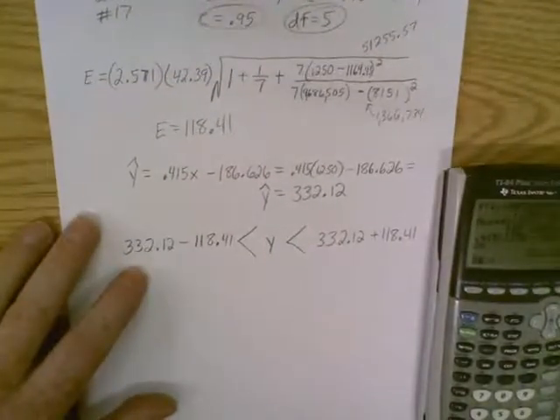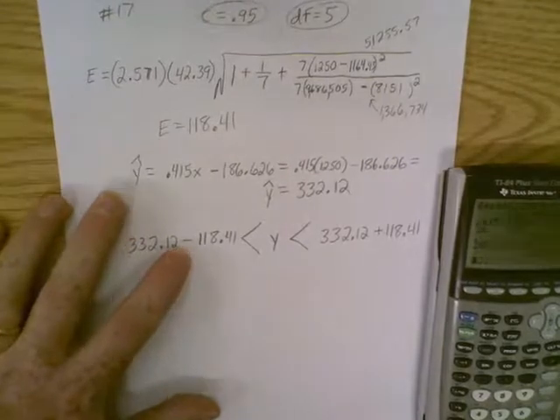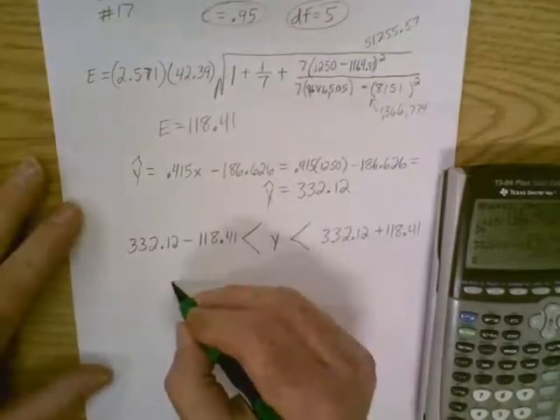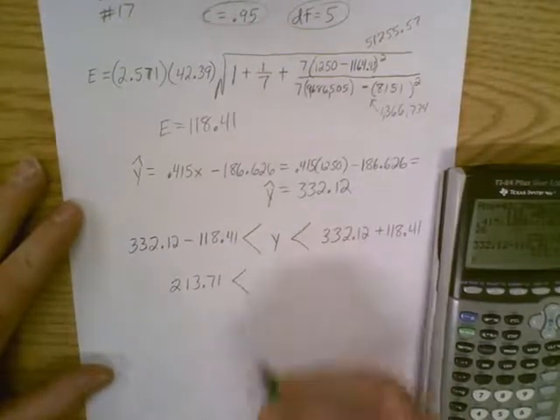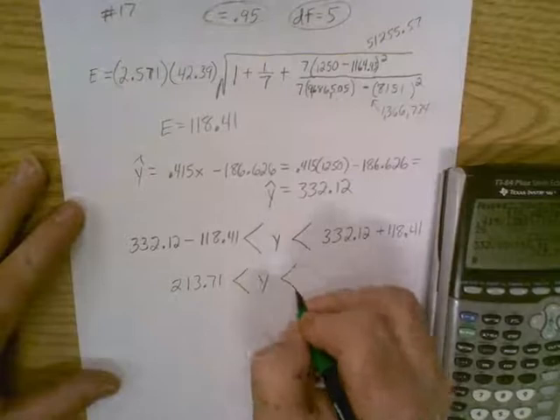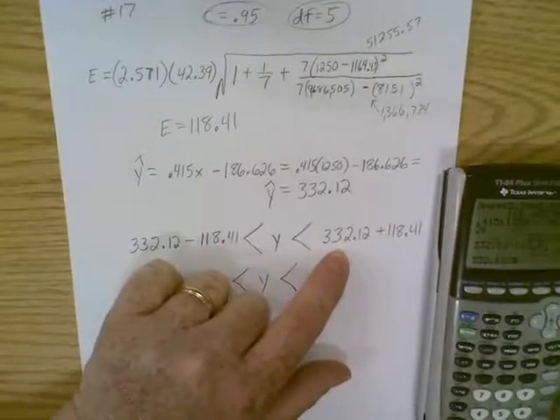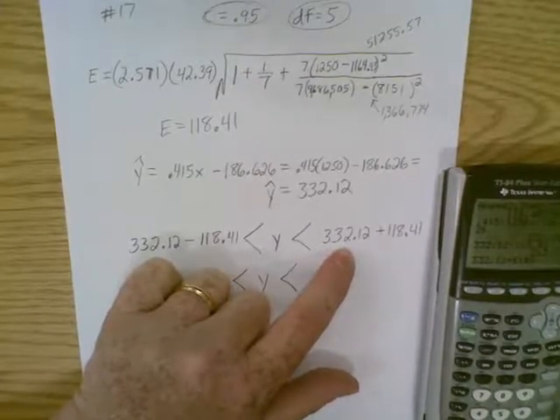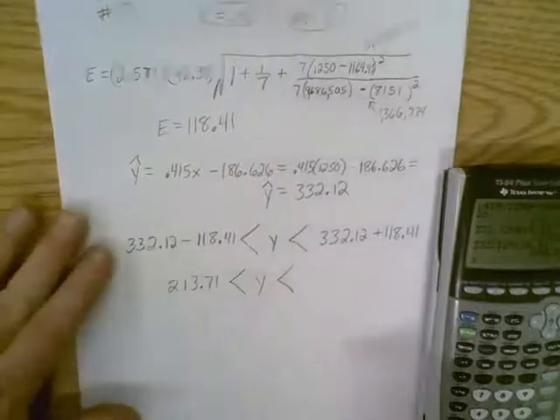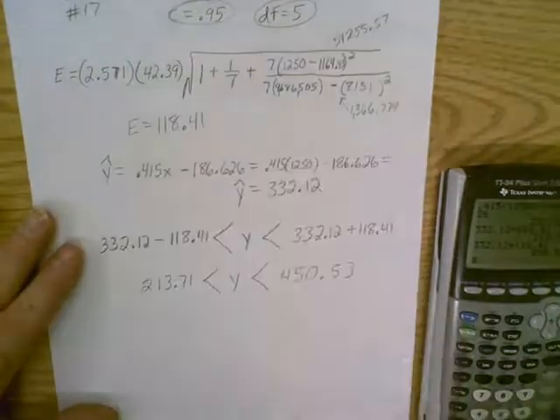So I got 332.12 minus 118.41 gives me 213.71 on the low end, and 332.12 plus 118.41, 450.53 on the high end.